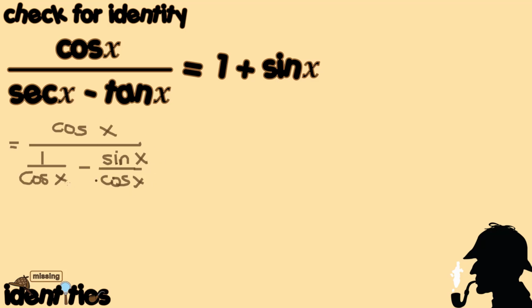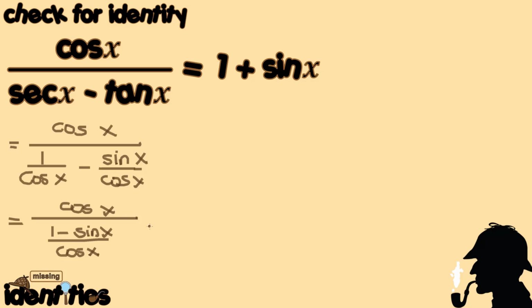Since we have here a difference of two rational expressions in our denominator, let's combine them. And since the denominator is just the same, cosine x and cosine x, we can combine them with ease. We have here cosine x, and we have here 1 minus sine x as well.